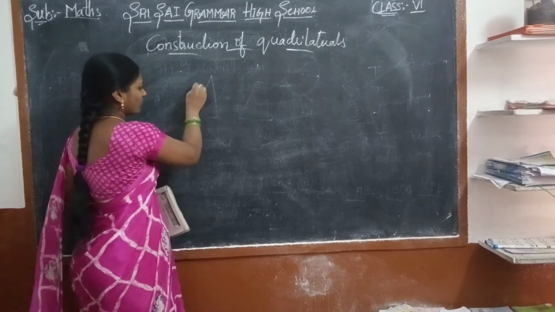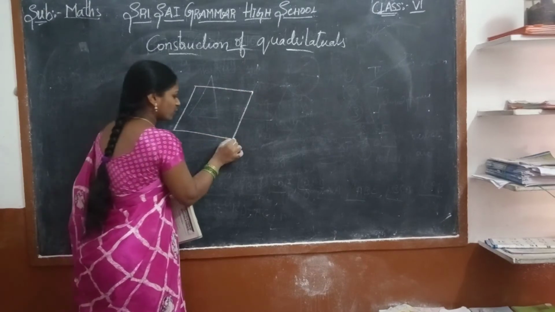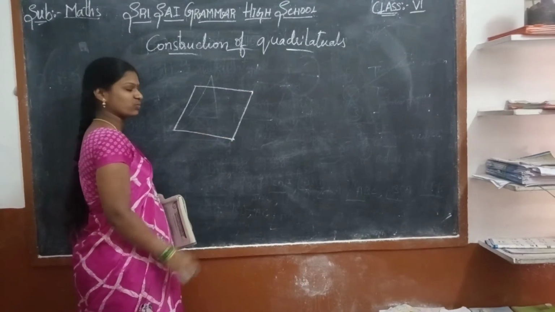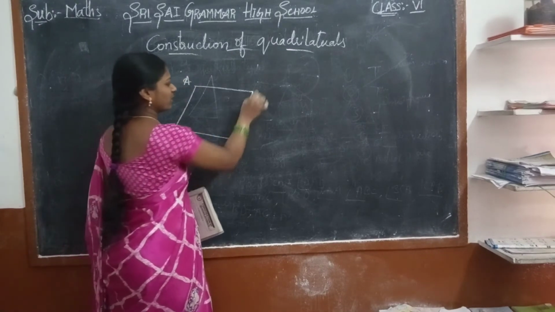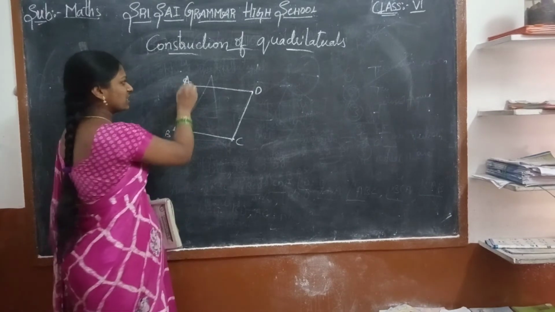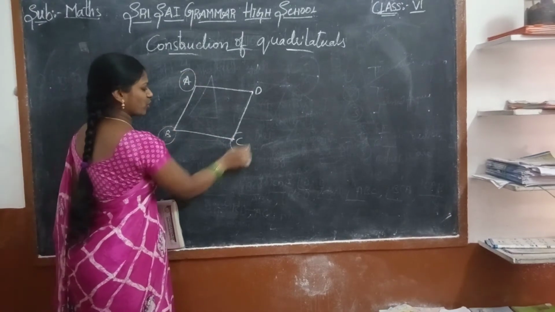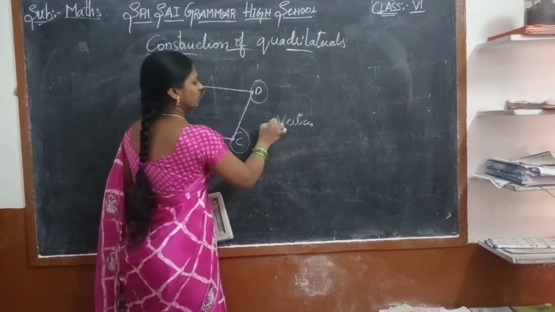See, a quadrilateral is represented like this. We know how the quadrilateral is formed. The points are represented like this: A, B, C, D. These 4 points are called vertices.